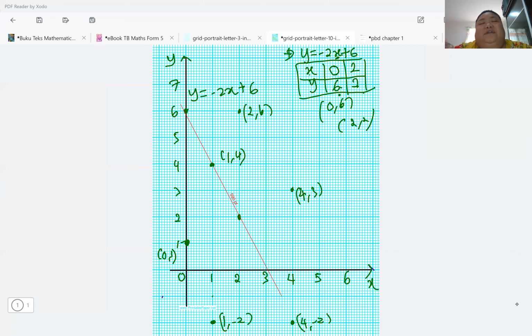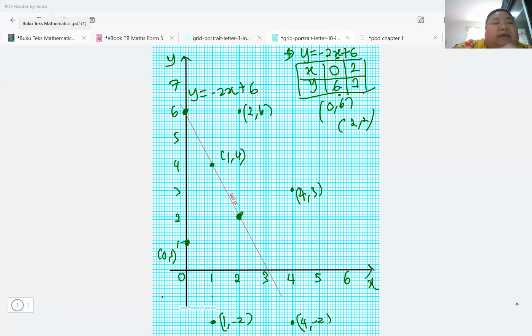After that I find (0, 6) here, and (2, 2) here, and I make a straight line. Then I name the straight line: it is y equal to negative 2x plus 6. That is how you draw a straight line in a graph.